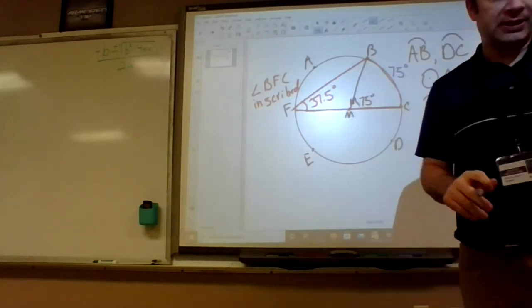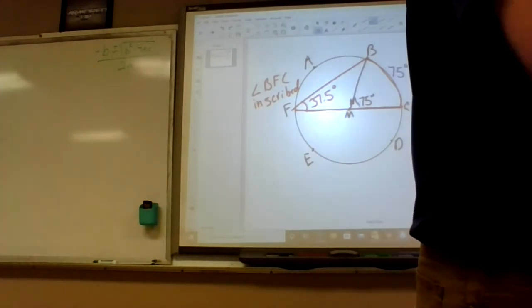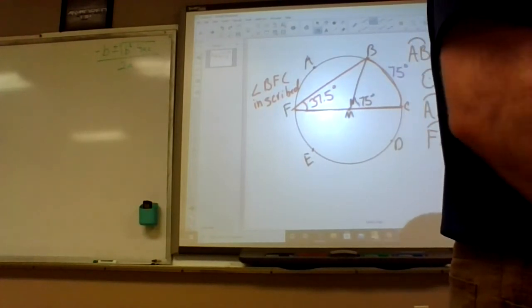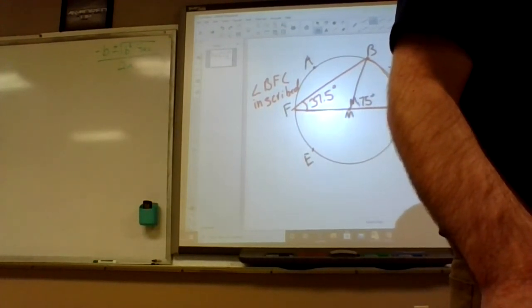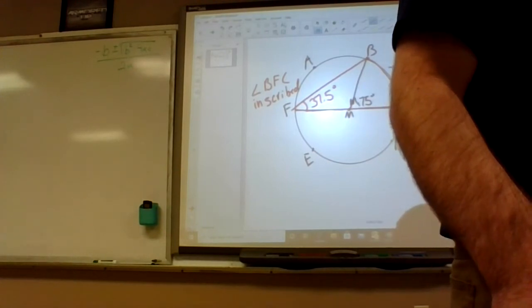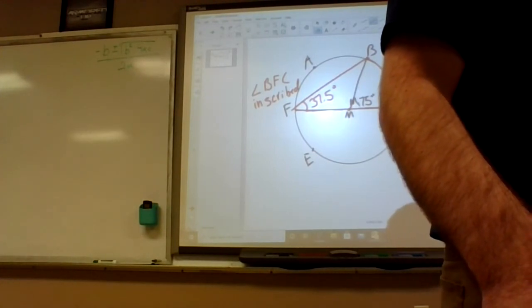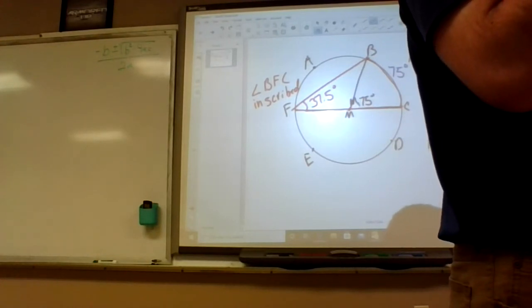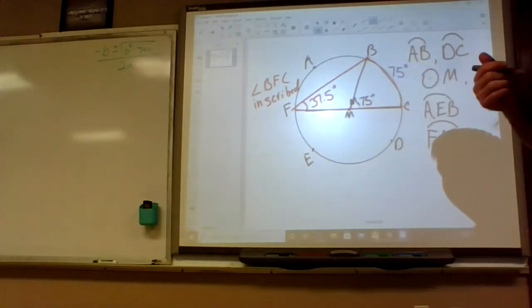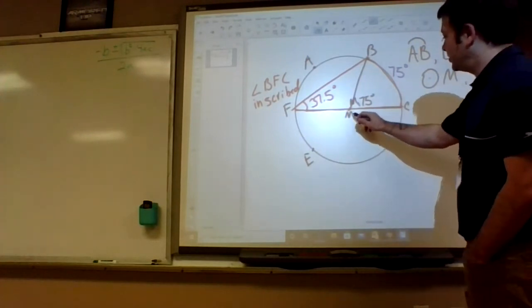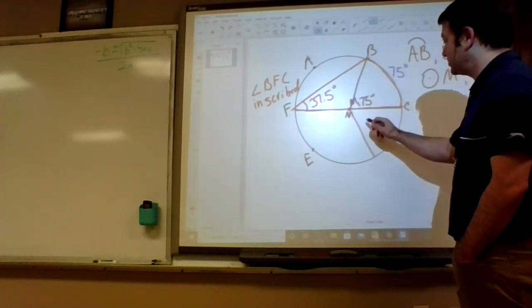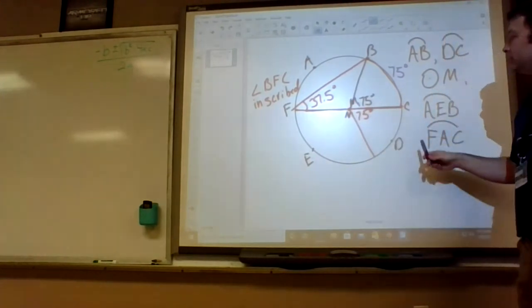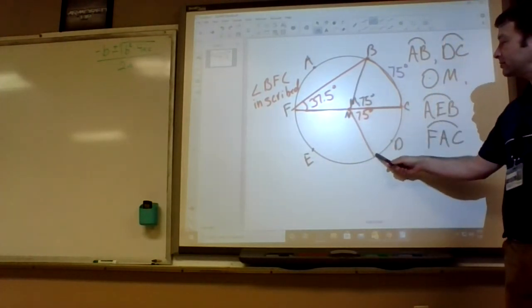Any questions on that so far? So if I were to draw another 75-degree angle down here, we would know that this arc would be 75.